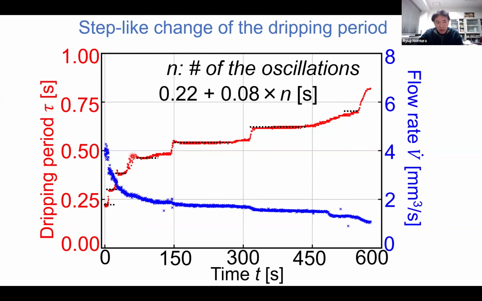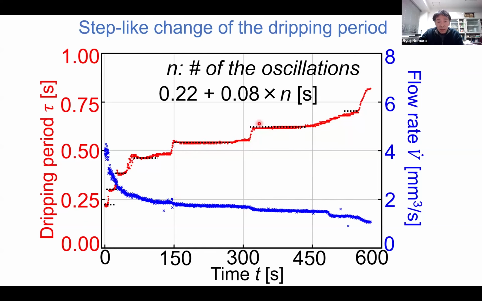So, for example, around here, the flow rate is changing, it's decreasing. But the dripping period is keeping the same stable value. And after this flat region, it suddenly jumps to the next stable region. So the change in the dripping period is stepwise like this.